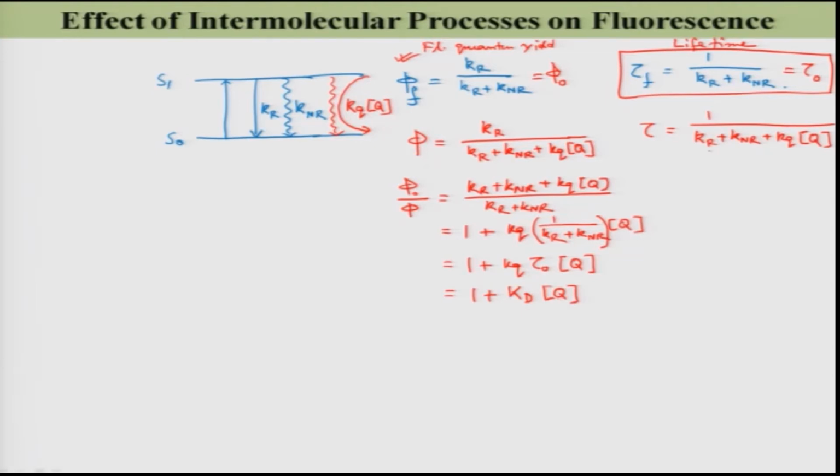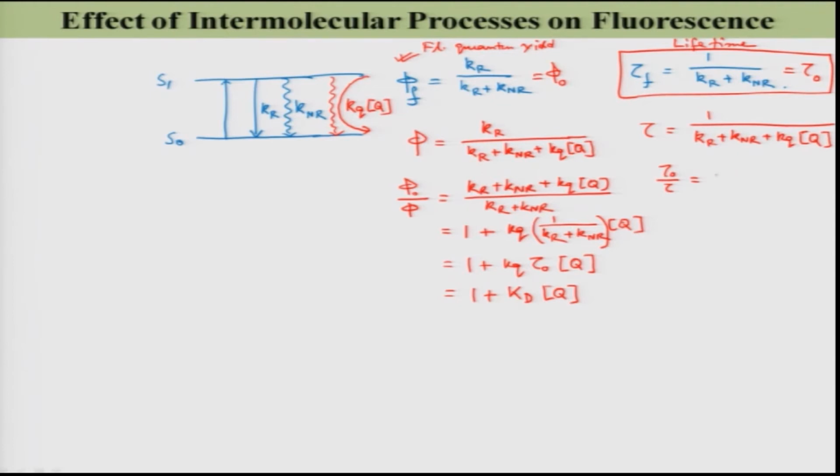Now, if you do the same thing over here, if you take tau 0 by tau, what will you get? You will get exactly the same expression, because here the k_r and k_nr cancel. So this is nothing but that same expression.